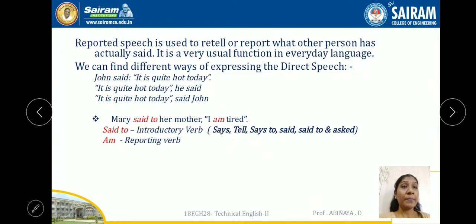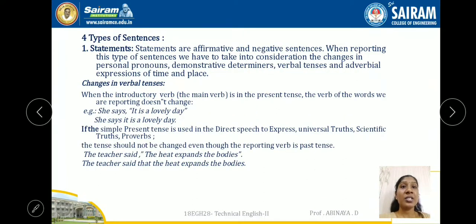Let us see the example. She says, "It is a lovely day." While changing this to indirect speech, you should not change the tense of the entire statement.